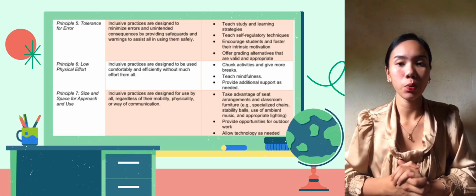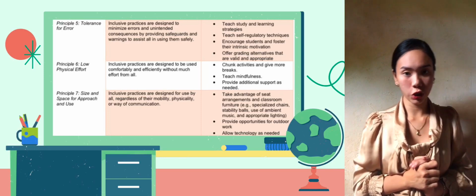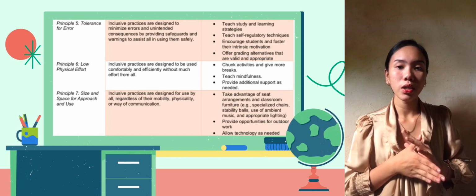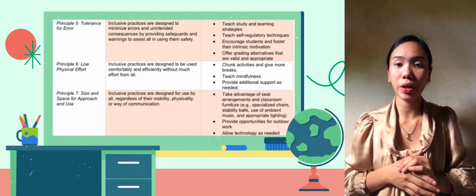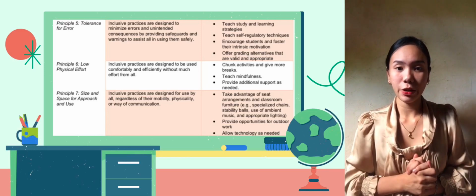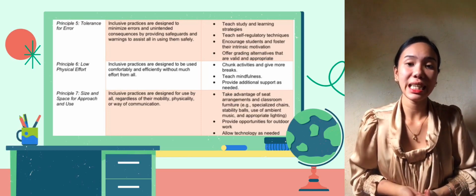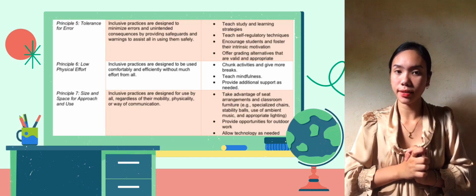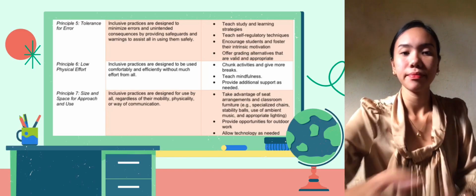Like example number 1, take advantage of seat arrangement in classroom furniture, like chairs, stability balls, use ambient music, and appropriate lighting. And then provide opportunities for outdoor work and allow technology as needed. So I think this is very understandable for us. So we are going to proceed to our next principle.